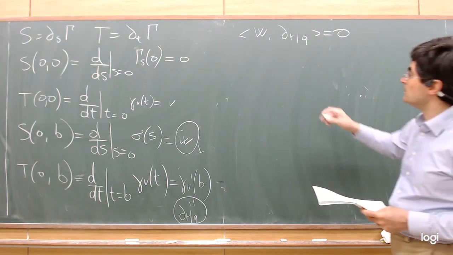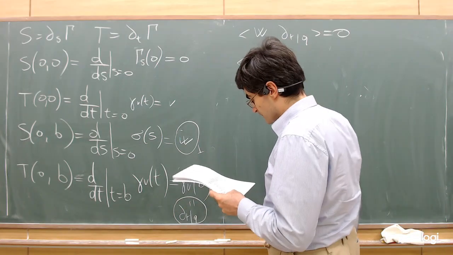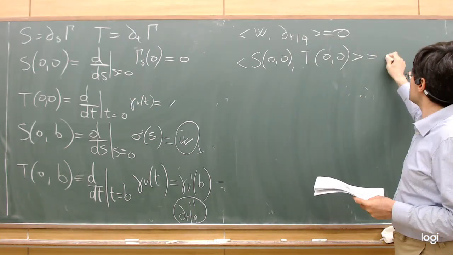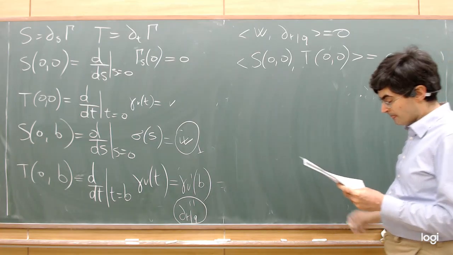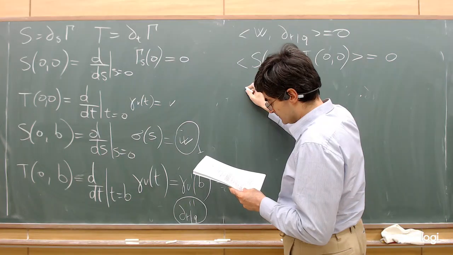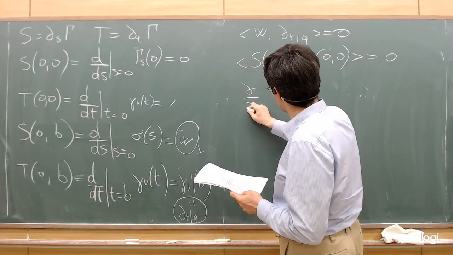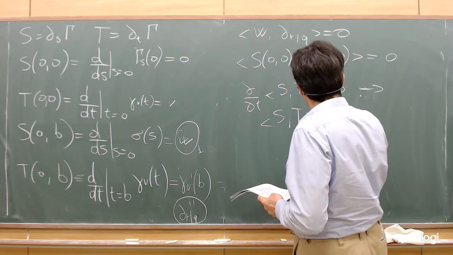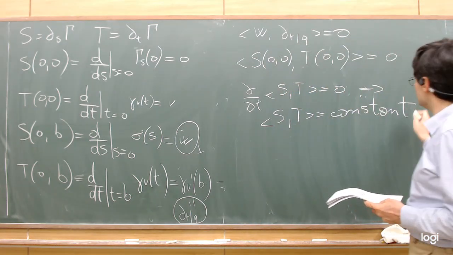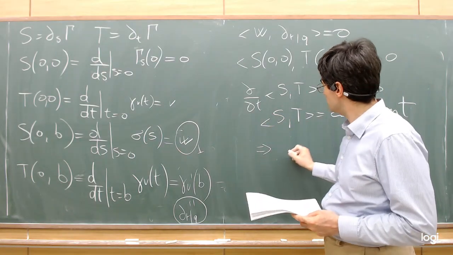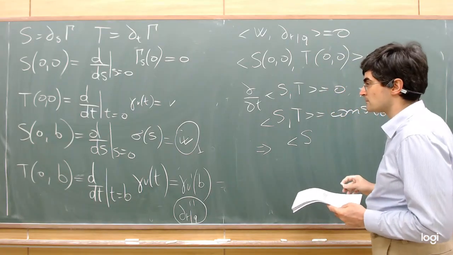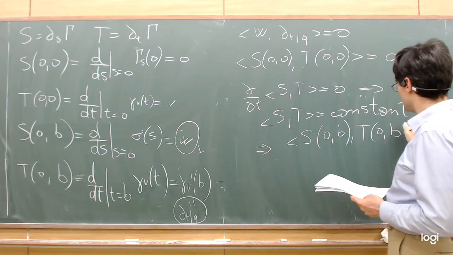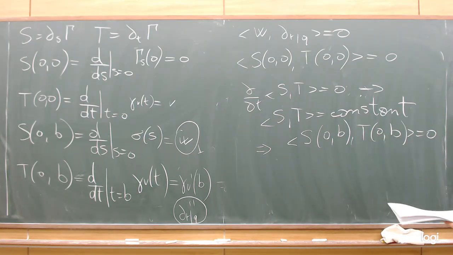The idea is that we want to use the fact that this is 0, and we want to prove that this is 0 implies this is a constant with respect to t, implies S at 0b inner product T at 0b is also 0.